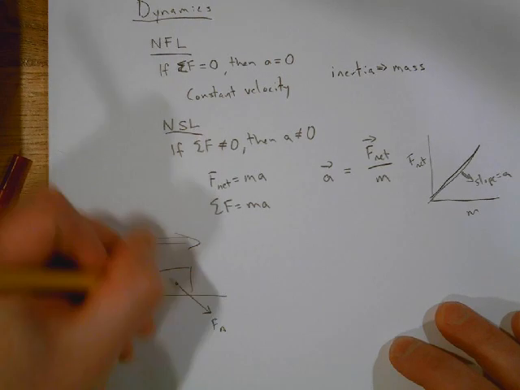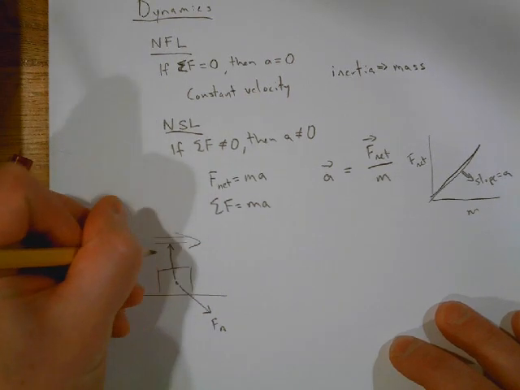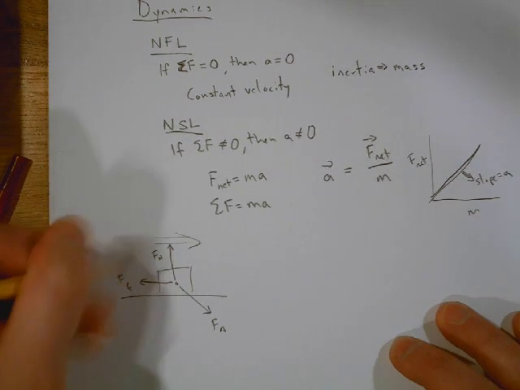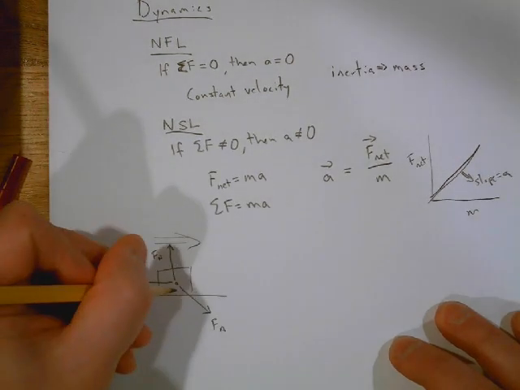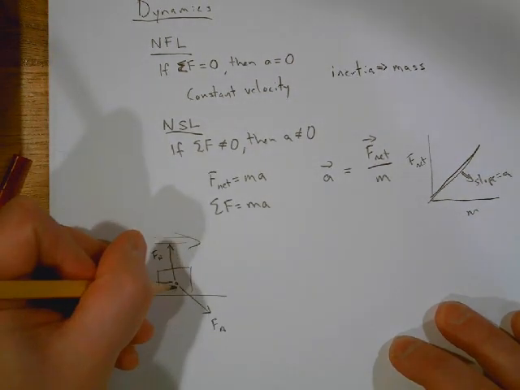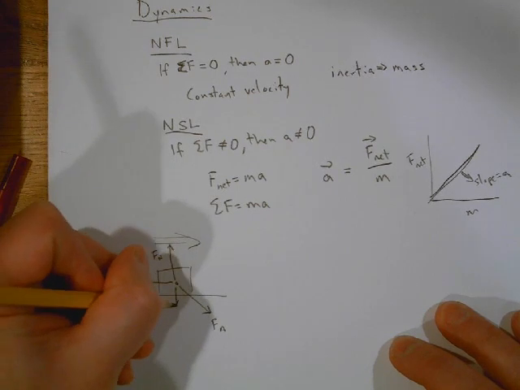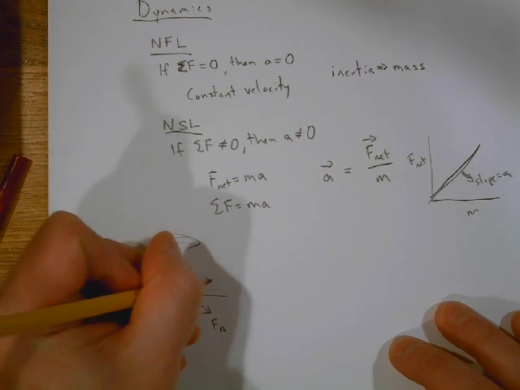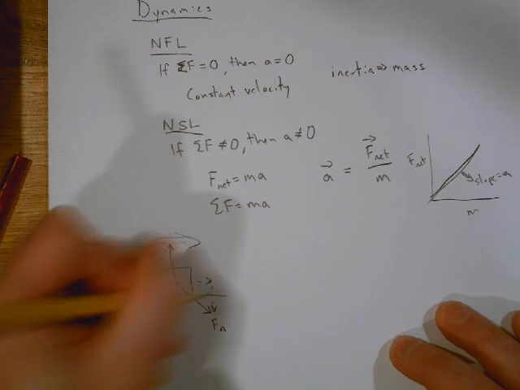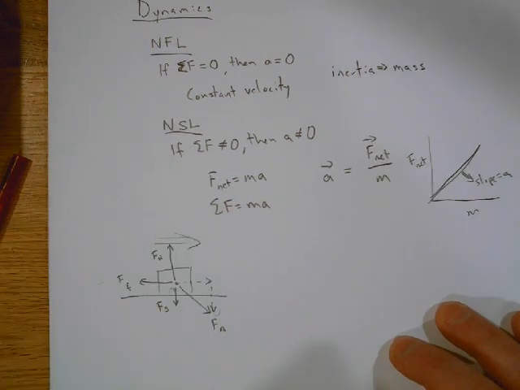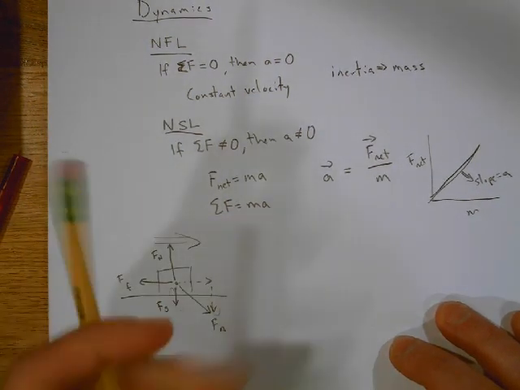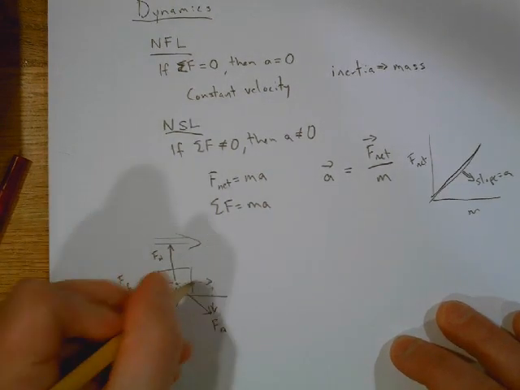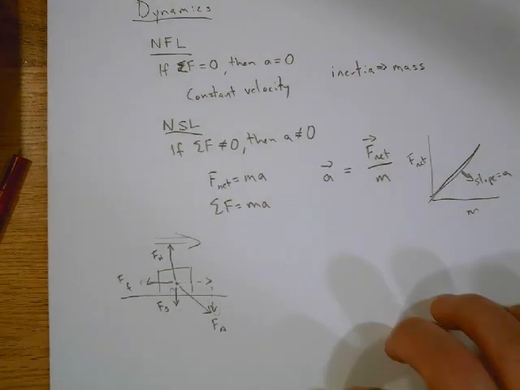You have this applied force, this normal force, the force of friction, maybe, and then the force of gravity going down. And why did I draw it so small? Because if you draw in your components, this plus this would have to equal this. And if it's accelerating to the right, then my forward force would be bigger than the backward force.